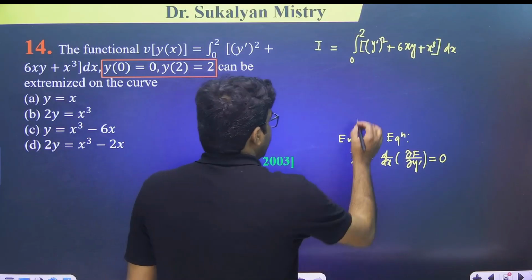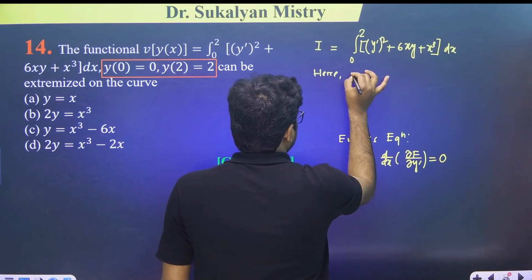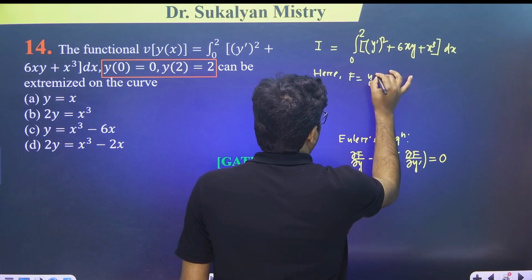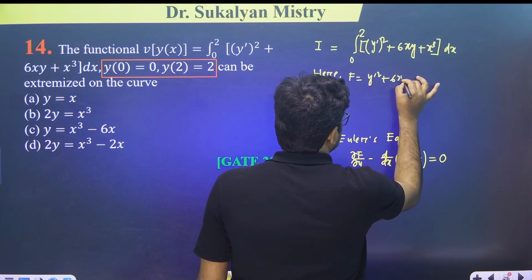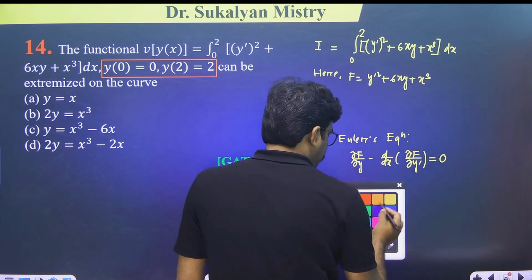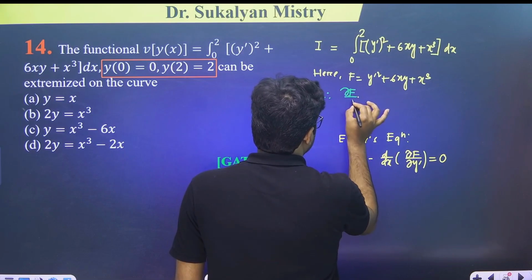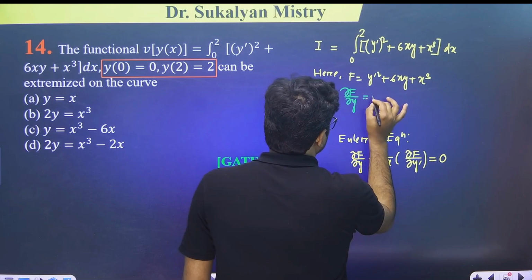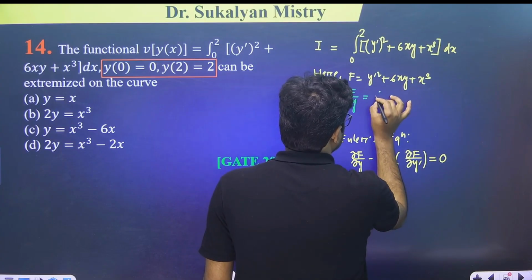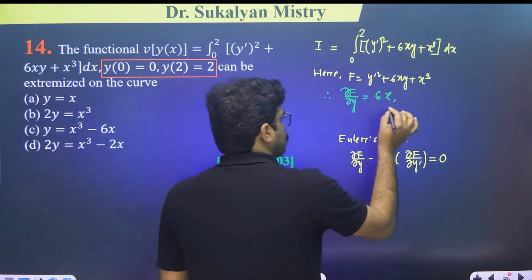So what is f here for this problem? Here f is equal to y dash square plus 6xy plus x cube. Therefore ∂f/∂y is 6x, differentiating partially with respect to y.